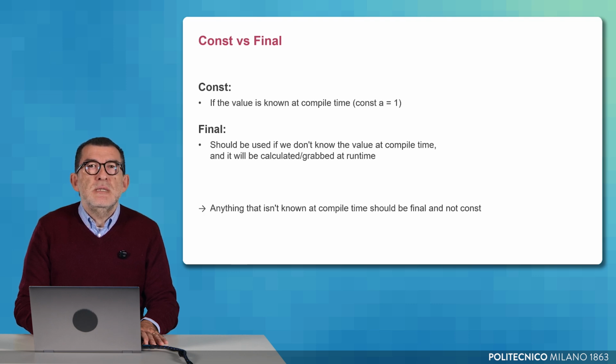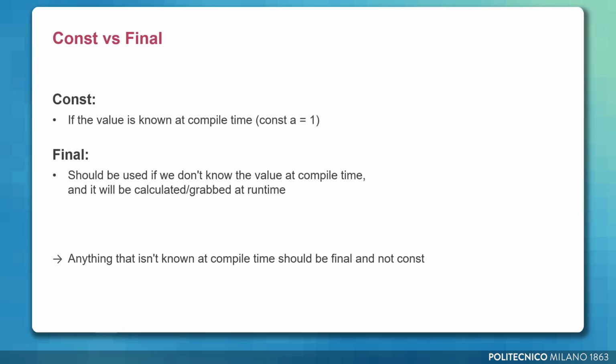To support this, Dart provides two useful keywords, const and final. You use const when you know a value at compile time and it will never change. For example, const a = 1 means that a will always be 1, and its value is determined when the code is compiled.